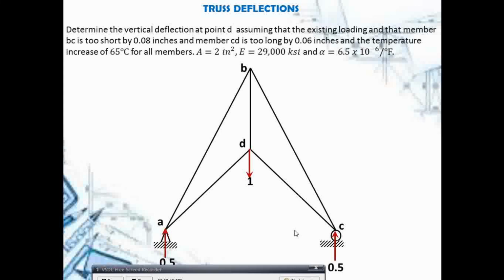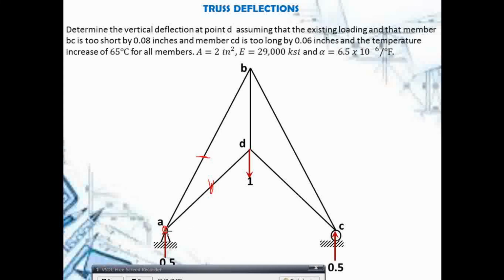Next, kapag nakuha ko na yung mga reactions sa supports, next na kukunin ko ngayon ay yung mga values ng internal forces for each members. Again, using method of joints, I can now determine the value for the internal force for member AB and member AD using method of joints. Kukunin ko yung joint A.